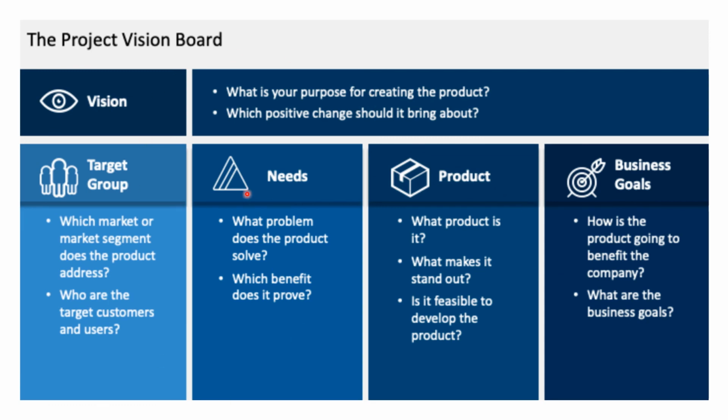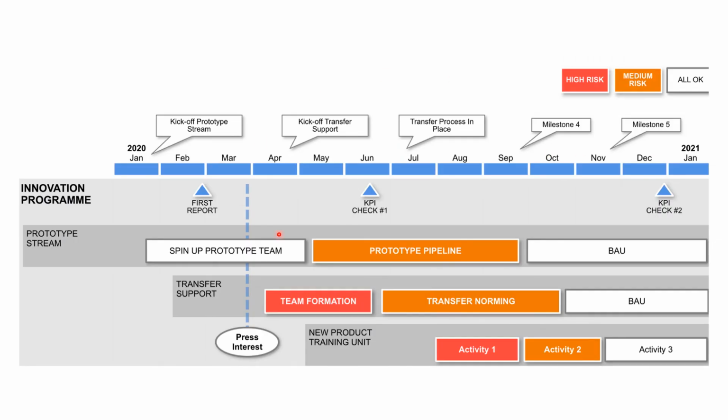This is the vision board actually. It talks about the target group, needs, what the product is about, and what the business goals of the product are. And this is an example of the project roadmap of an innovation program. It talks about the prototype stream, transfer support, new production unit.